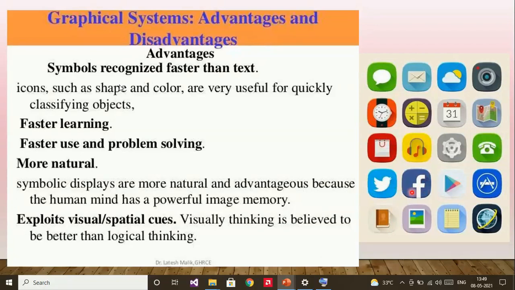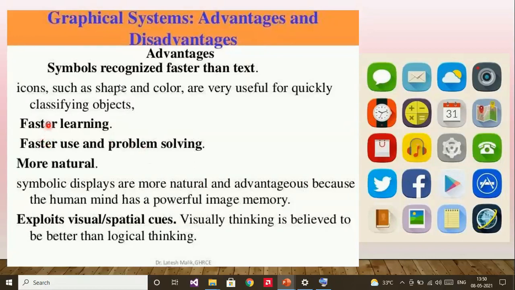Maybe an F for Facebook, Twitter with a bird symbol, and whenever you have a music icon, there will be a headphone. All these representations are used for faster recognition and faster learning.